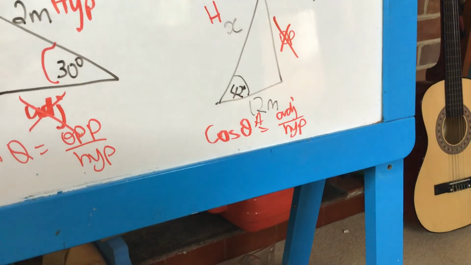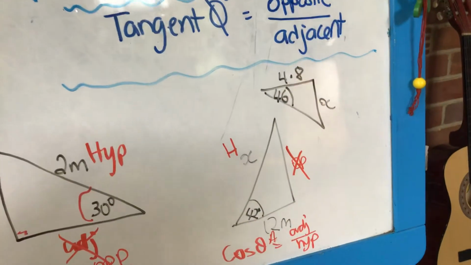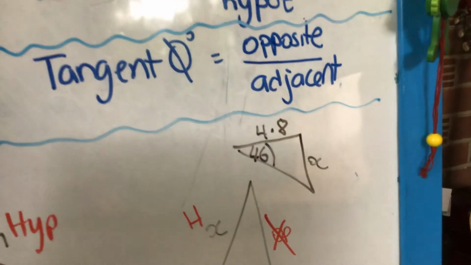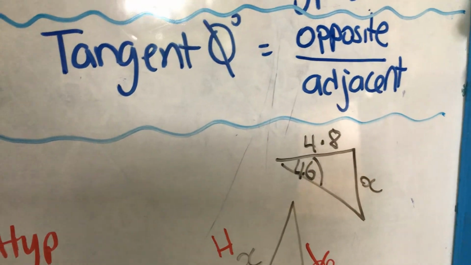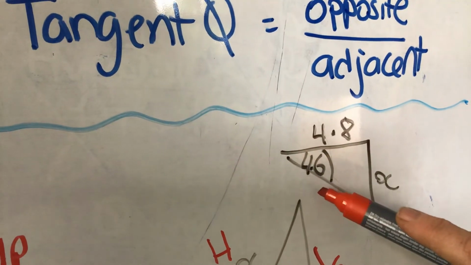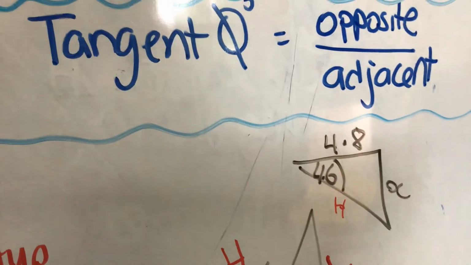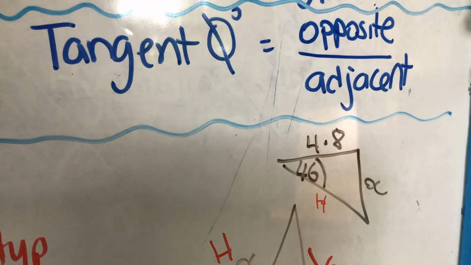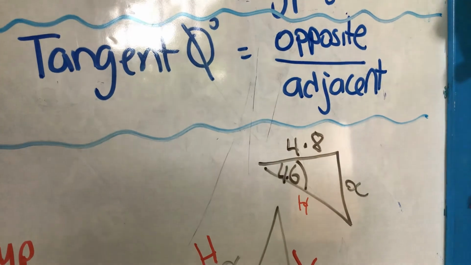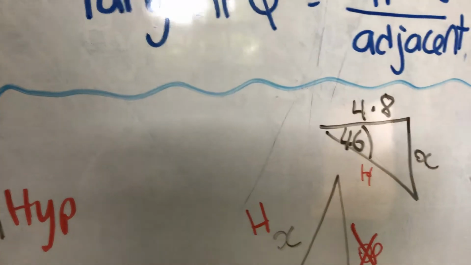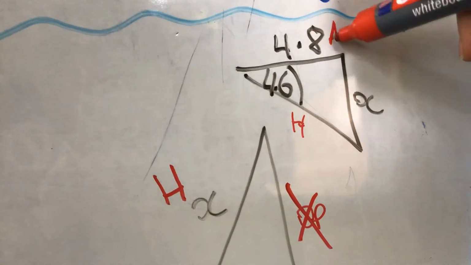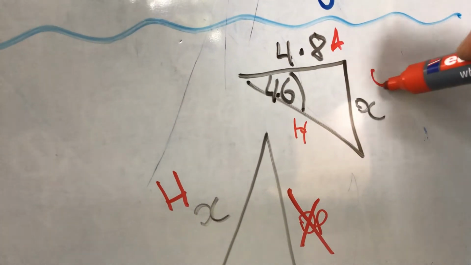Right, so our third triangle, what are we going to use? We've got our angle. Which side is the hypotenuse? Opposite our 90, the hypotenuse is here, isn't it? 4.8, is that adjacent to our angle, or opposite the angle? Well done, it's adjacent. So that's the adjacent side, and the x, our question, is the opposite side.